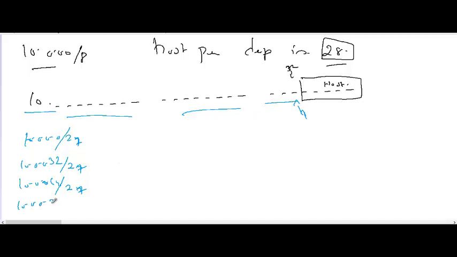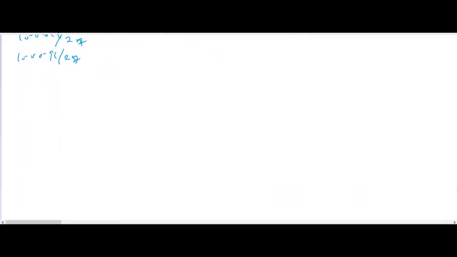What do I get? 160. 32, I need to subtract. If I subtract 32, I get 96. So you got 4 last and 4 first.